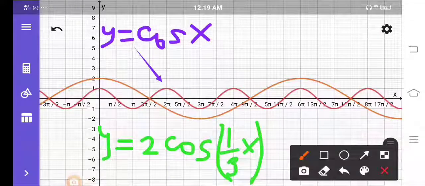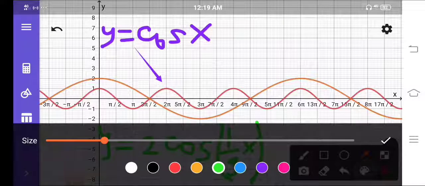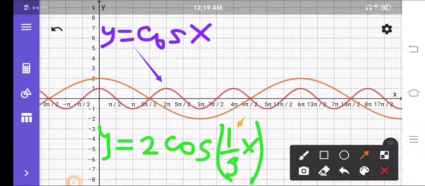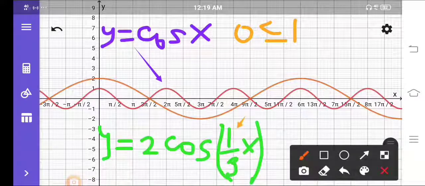As you can see, if b is between 0 and 1, the graph tends to stretch.